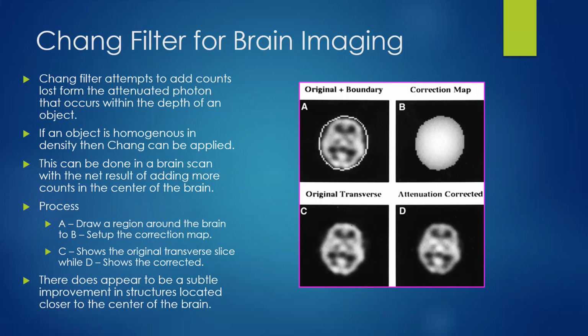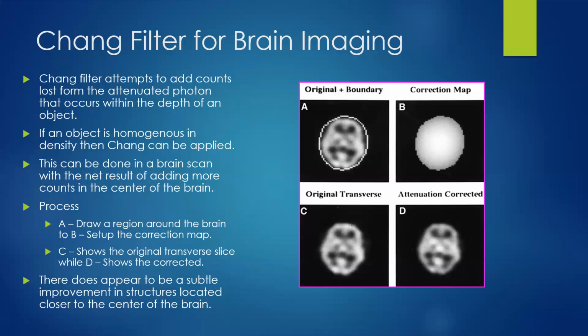So Chang makes the assumption that there is only one form of linear attenuation going on in an object, which means that it's the same throughout. And the one area of the body where there is really no significant change in that linear attenuation is going to be in the brain, right?